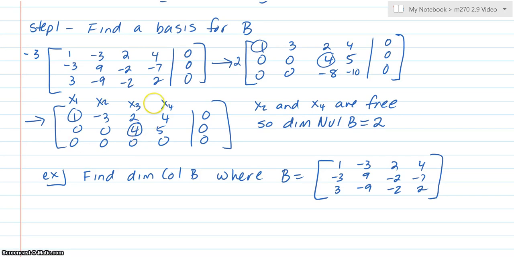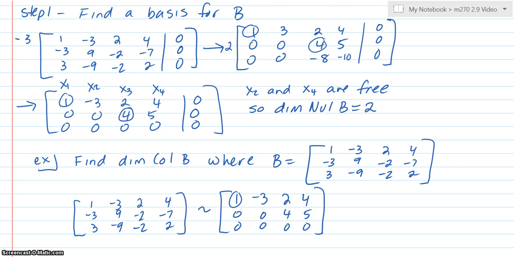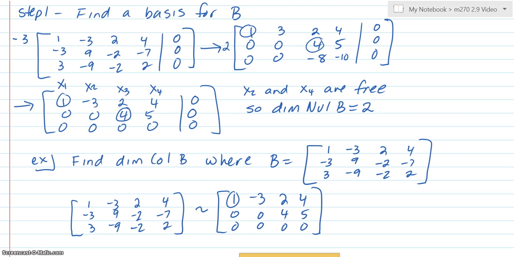We see that this is the echelon form, and the basis has to do with the pivots. There are 2 pivots. So we know that the dimension of the column space, which by the way is the rank, is also 2.